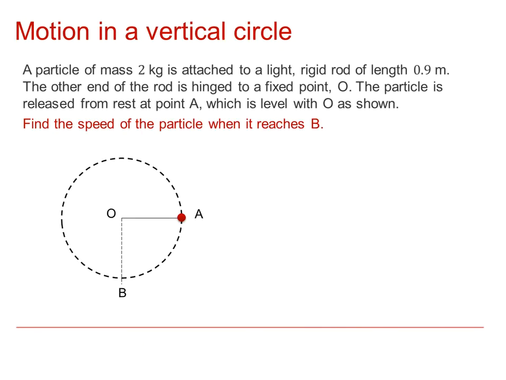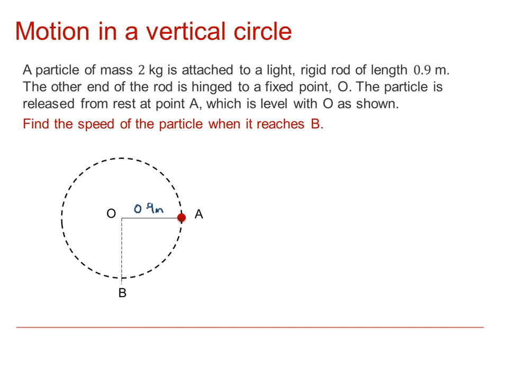So, an example of that: let's consider this situation where we've got a mass of 2 kilograms at the end of a light rod. The light just means that we don't have to worry about the mass of the rod, which is of length 0.9 metres. So we could add that into our diagram to say that the radius here is 0.9.